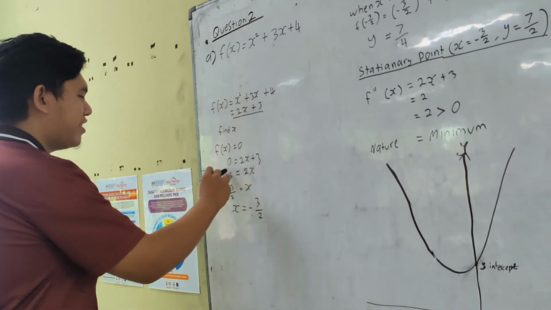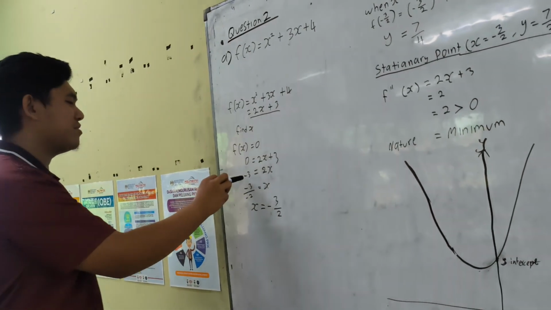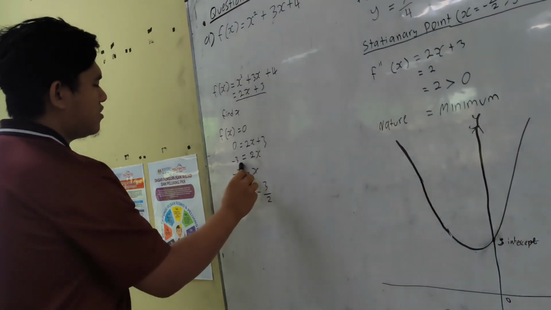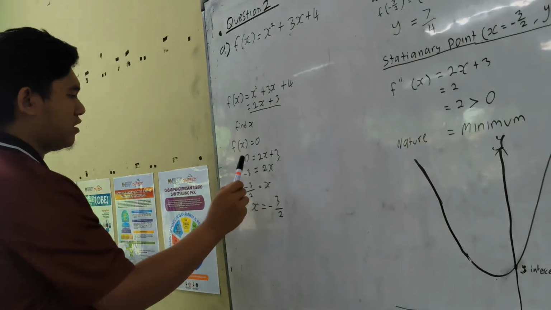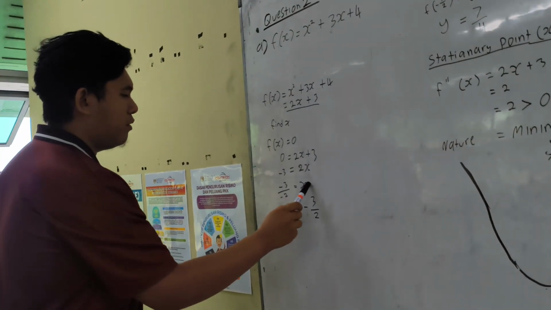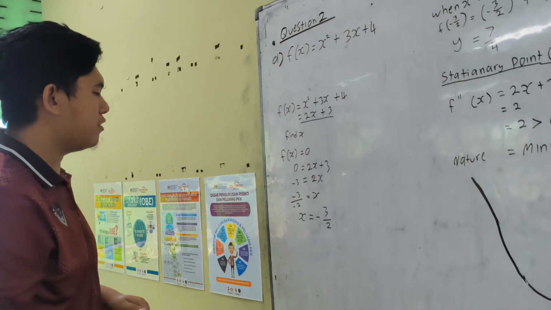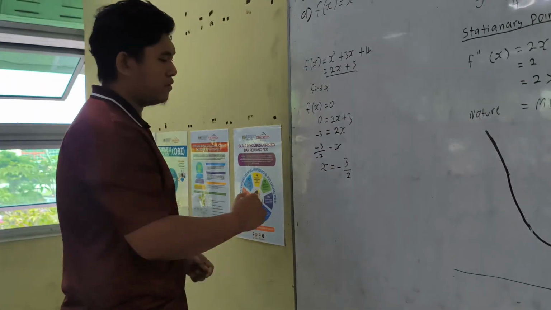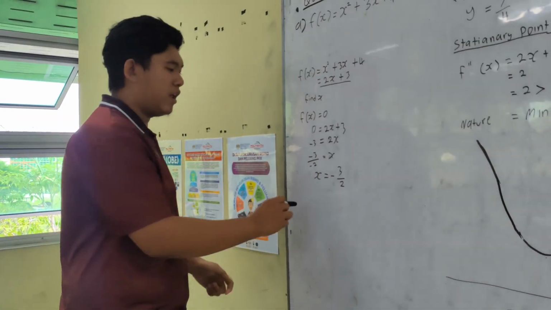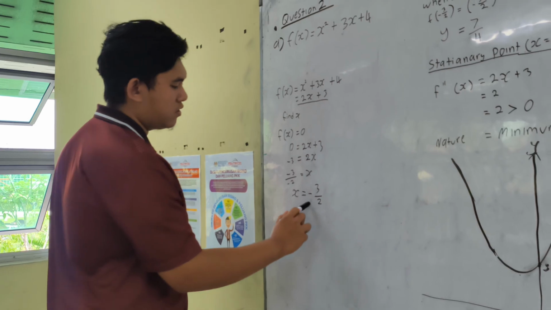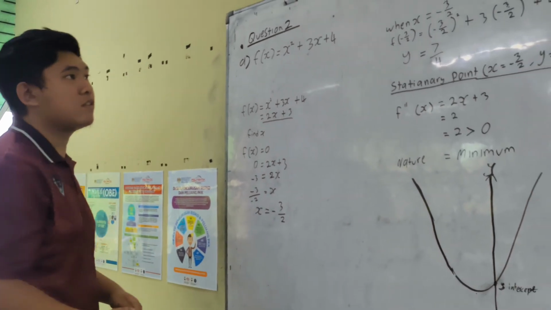The 3 goes over here and it becomes negative 3 equals 2x. We transfer the 2 here, so x equals negative 3 over 2.